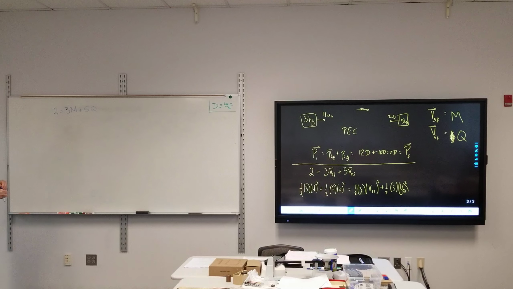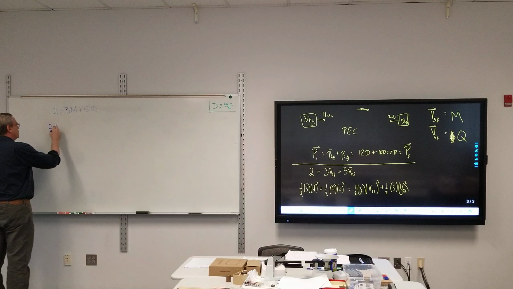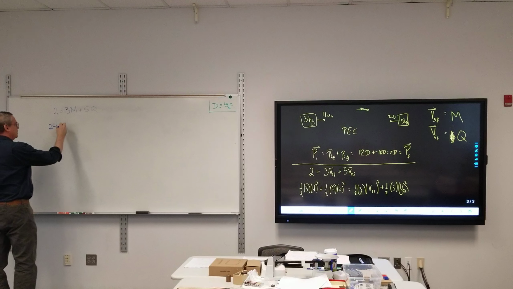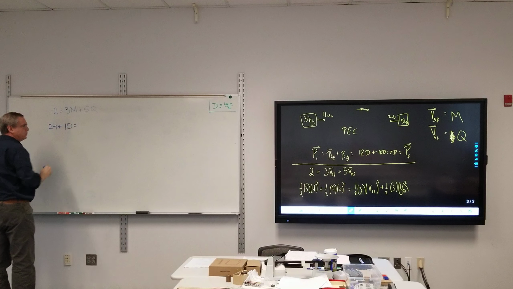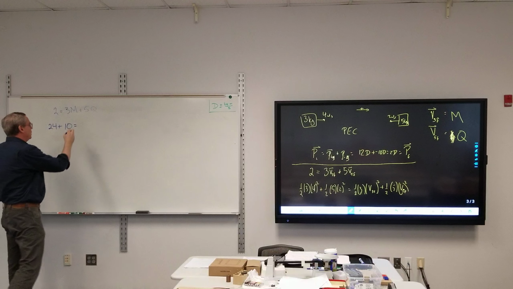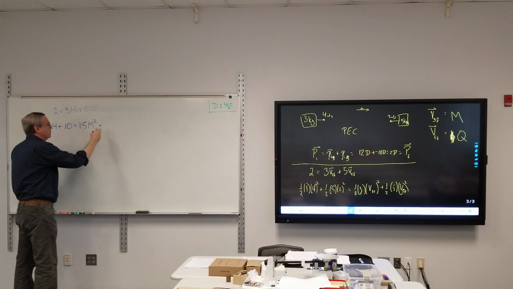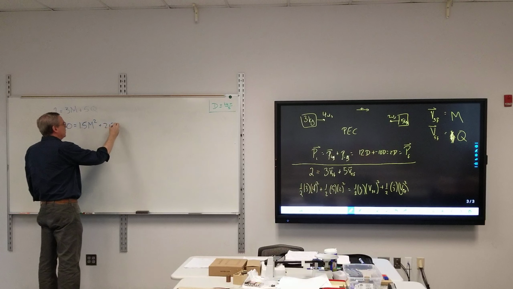My second equation, I've got 1/2 times 3 times 4 squared, which is 24, plus 1/2 times 5 times 4, which is 10, is equal to 1.5 big M squared plus 2.5 Q squared.